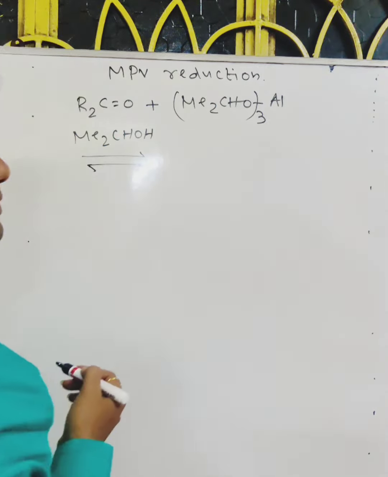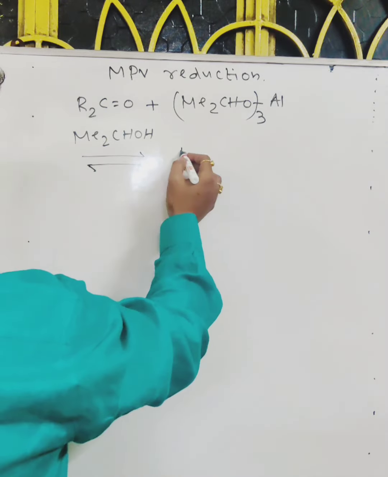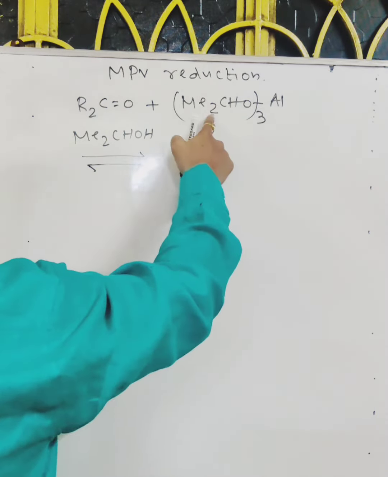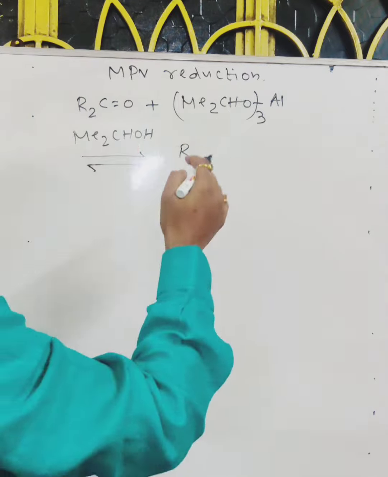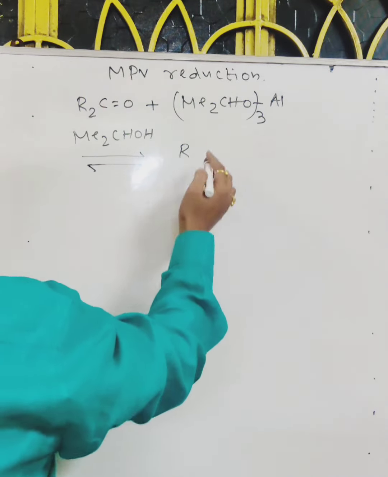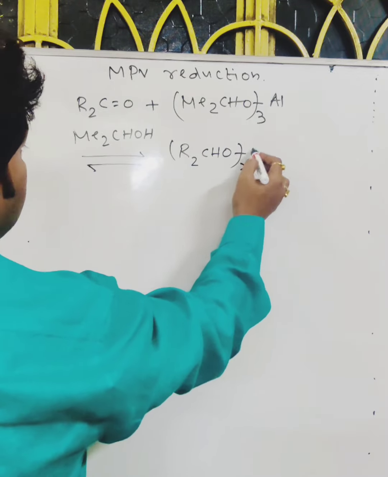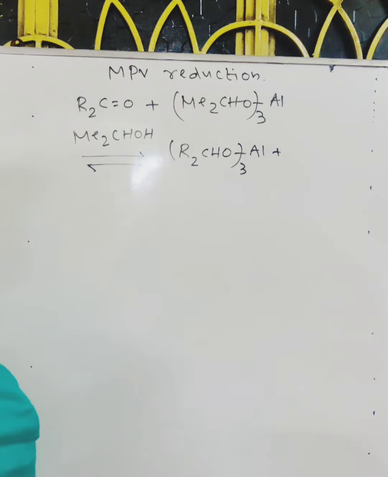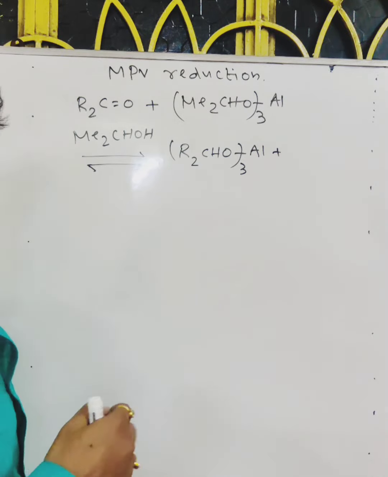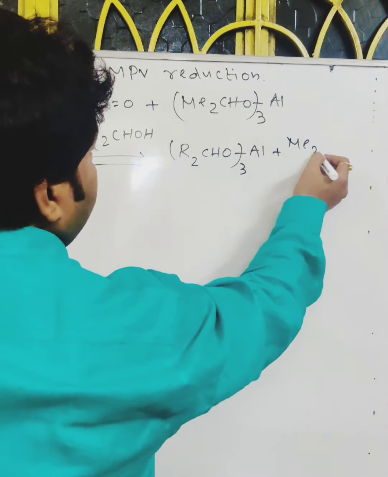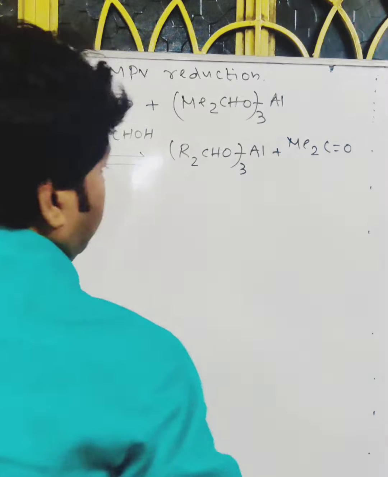What we are expecting first, you have Me2 here, you have R2 here. Just think about it. We will just replace this. So it will be R2CHO whole 3Al.